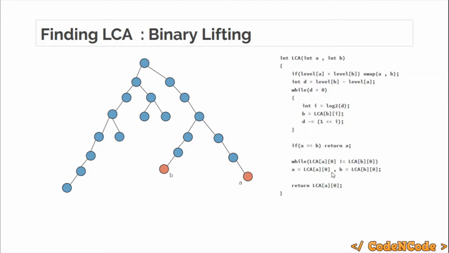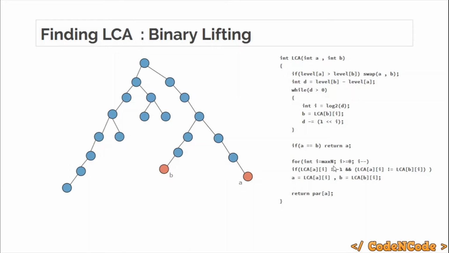To tackle this problem, since we do not know the distance that we have to cover, what we can do is start by making a jump of the highest power. The highest power of 2 is max n.